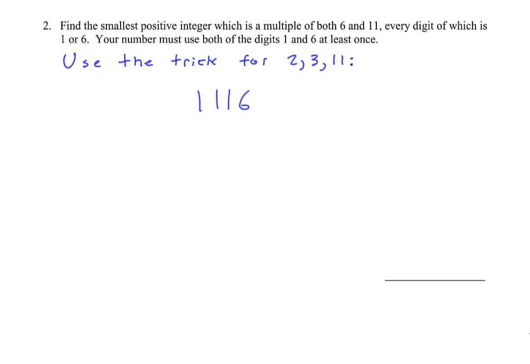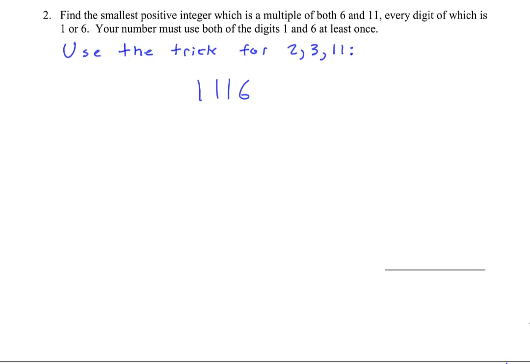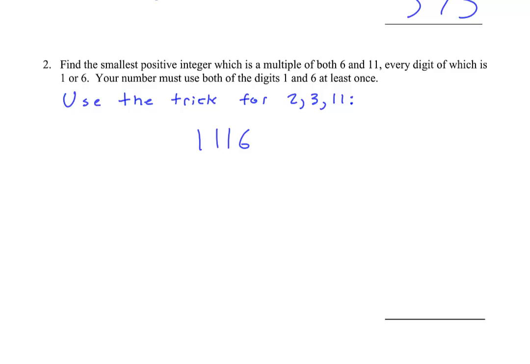Now this works for 2, it works for 3, but unfortunately it does not work for 11. So our trick for 11, we'd take 6 and we'd minus 1 for 5, and then the 1 minus 1 would cancel out. So this would have a remainder of 5 in mod 11, and that just won't work for us. We need a remainder of 0 in mod 11. So the question is, how can we make the smallest such number?